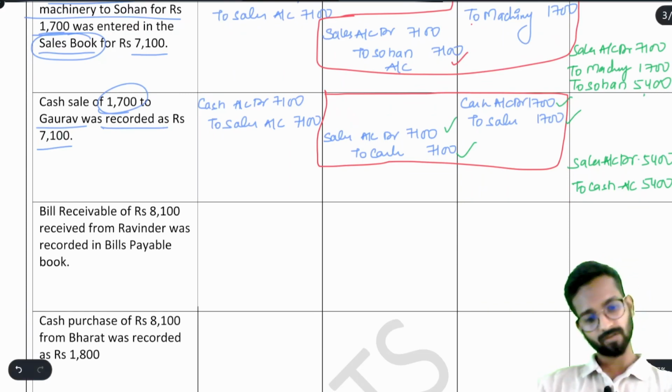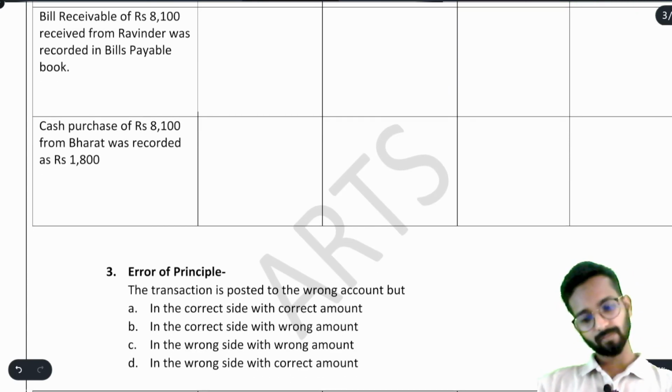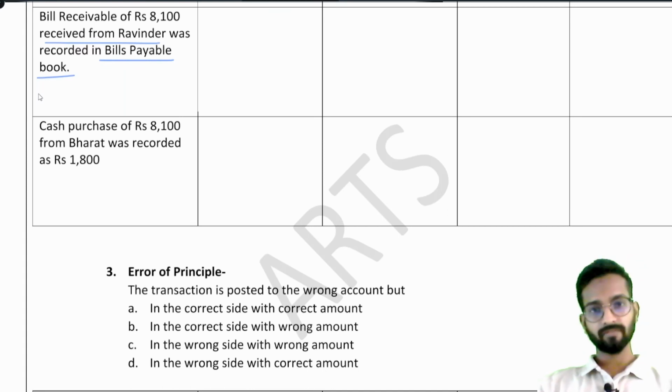Okay. Now after this, bills receivable of rupees 8100 received from Ravinder. It was recorded in the bills payable book. See, we have sales book, sales return book, like that. We have bills receivable book and bills payable book also. Now understand what has happened.